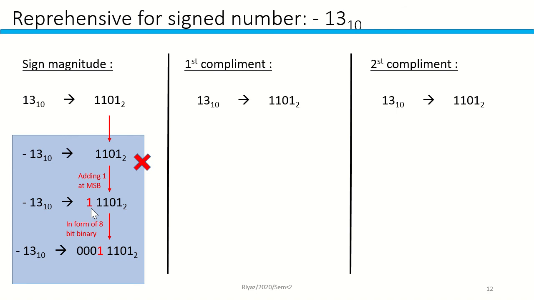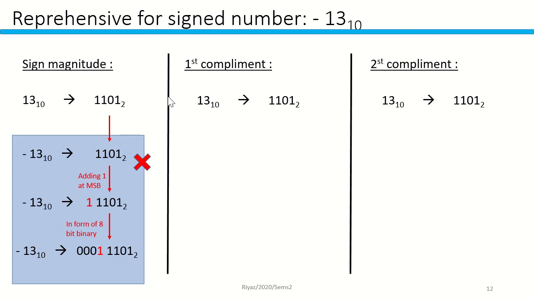Because it's very weird to have only 5 bits, usually we show it in 4 or 8 bits in one particular final answer. So that's why we're going to have a final result of negative 13 in the form of sign magnitude. You're going to have 0001 1101.